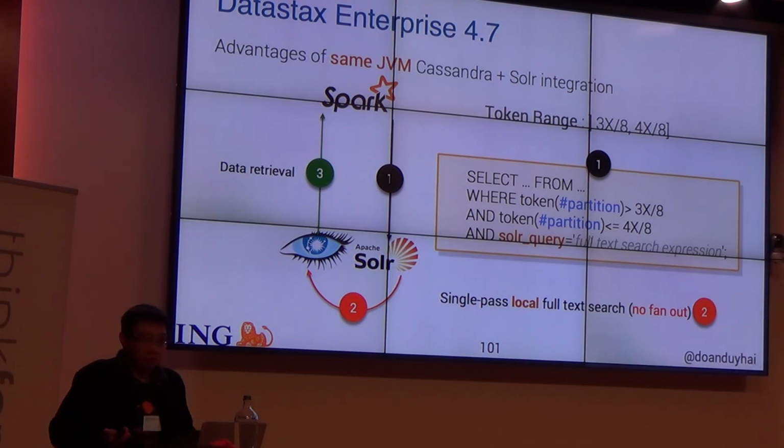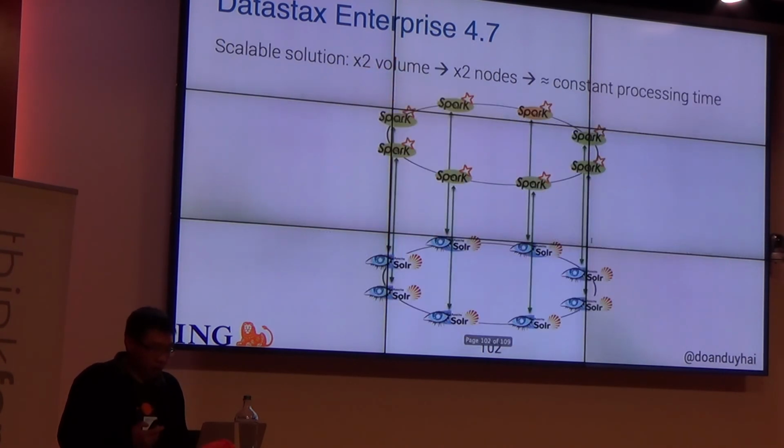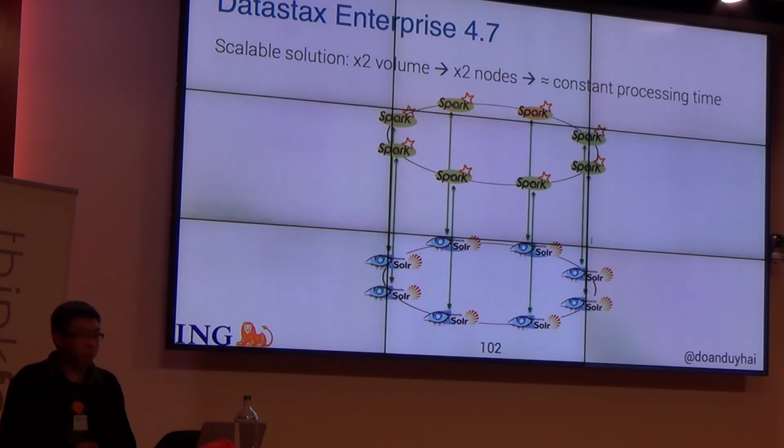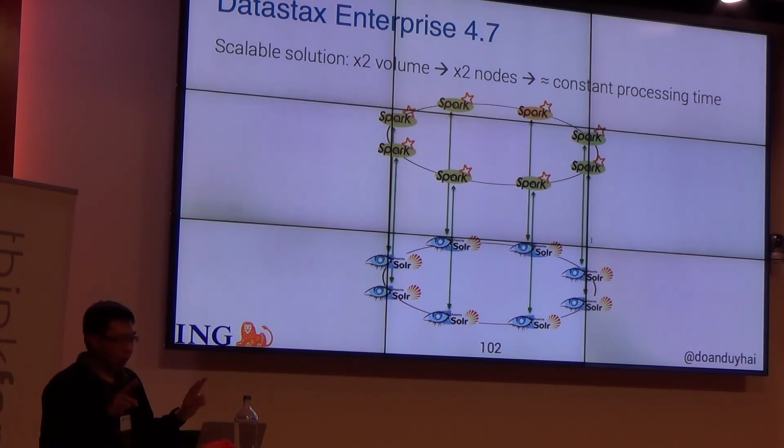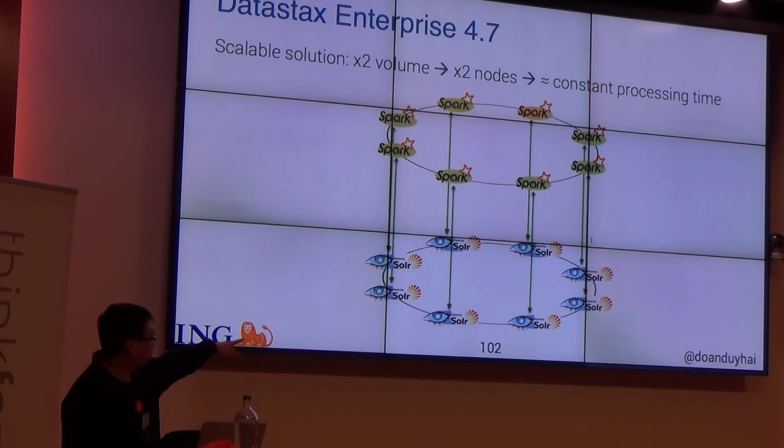Of course, it's life. And this thing is you can scale, because tomorrow, if your data set is multiplied by 2, you double the number of nodes, but the processing time is still approximately constant, because again, the filtering is done locally.